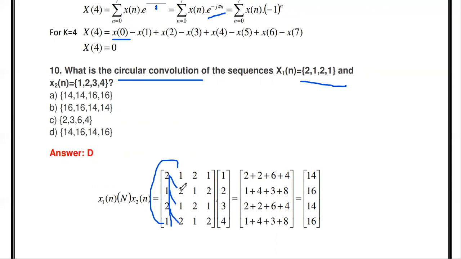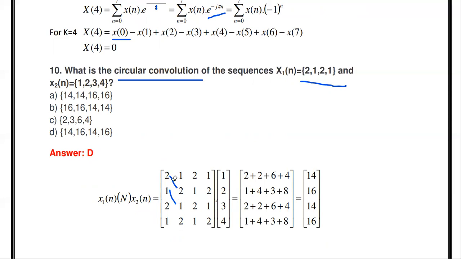Then in the next column, this 2 comes to the first position, then the remaining 1 2 1 you just write. You just rotate the elements one position to the top, so we will get a 4 cross 4 matrix.